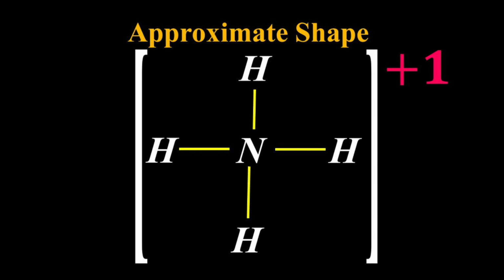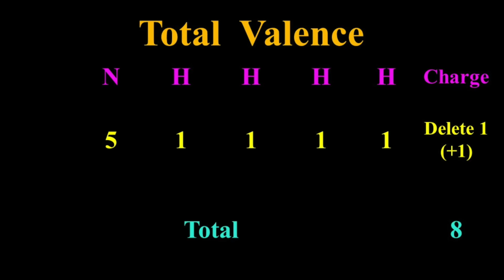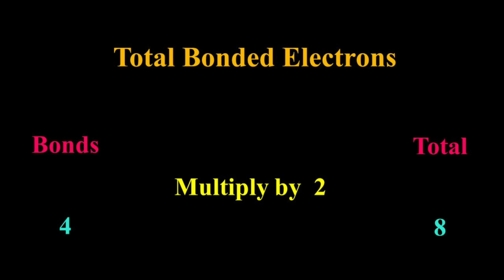Here we have it. Approximate shape. Plus one charge. Don't forget to subtract off one electron. So you have 5, 1, 1, 1, 1, delete 1. That gives you a total of 8. 4 bonds times 2, that is 8.